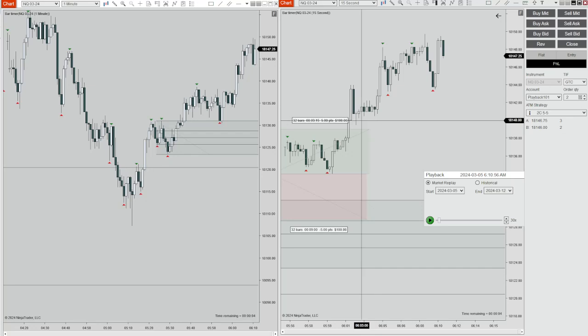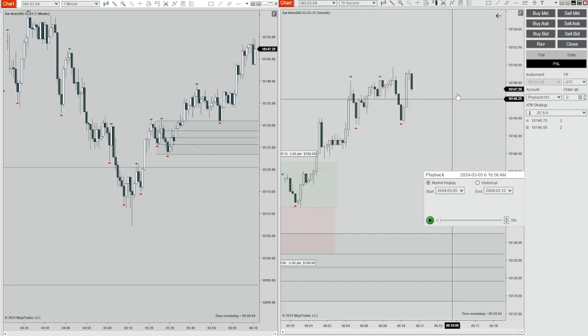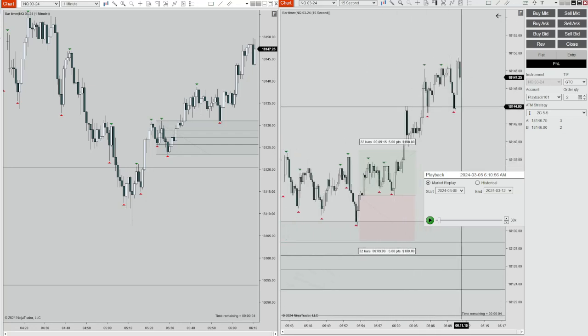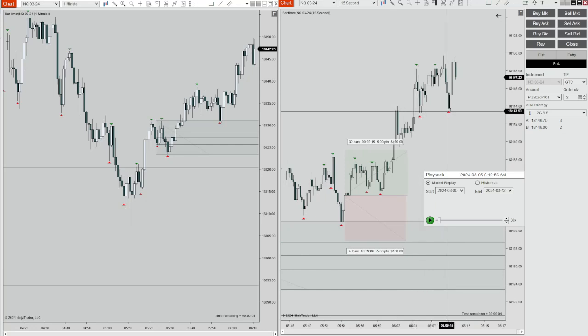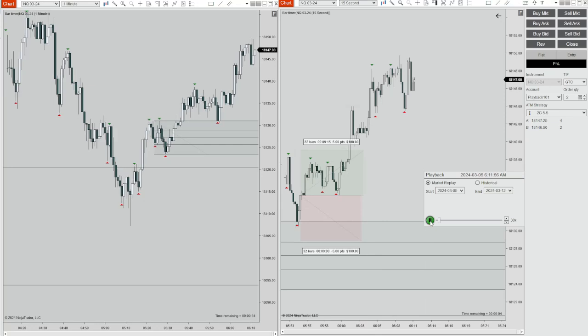There's a little fractal here, but it's not really a zone. But we see a golden chicken here, a 15-second fair value gap into a fractal, but it's not that nice. But then here, if I get a sweep of these two, that might be an entry for me. Let's see.